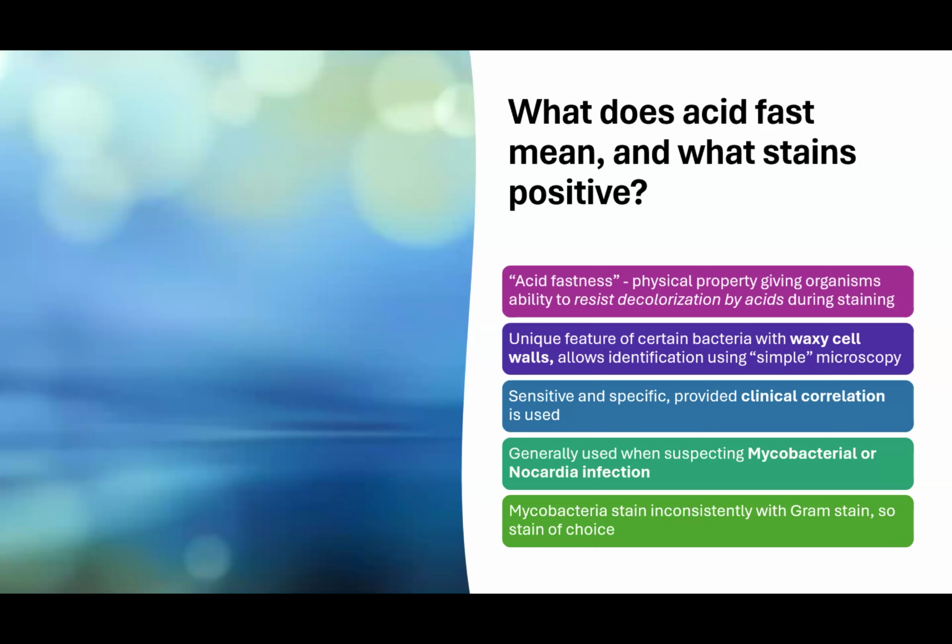And we generally use it when we're suspecting mycobacterial, particularly TB infection, or rarely a nocardia infection. And the reason it's used for TB so much in mycobacteria is that they don't stain reliably or consistently with a gram stain, which we would use on many other organisms.